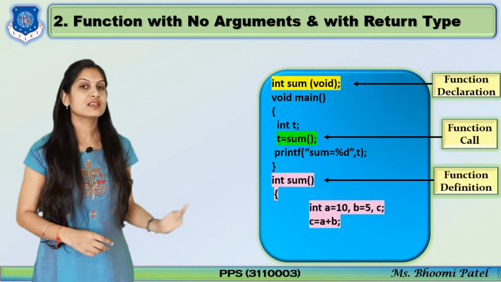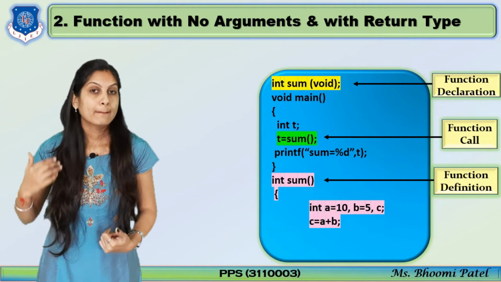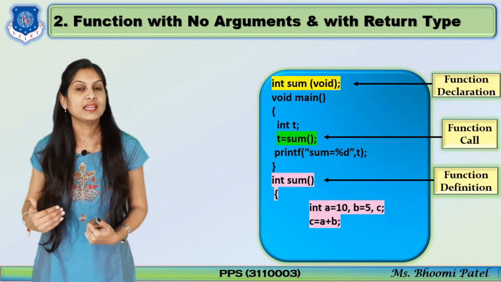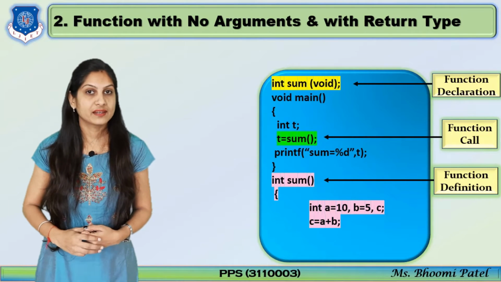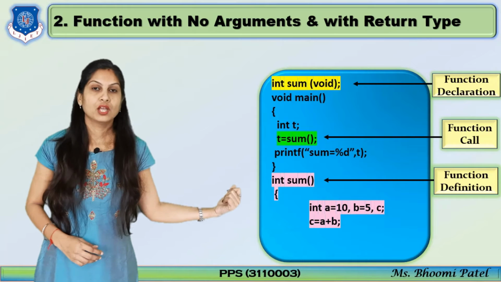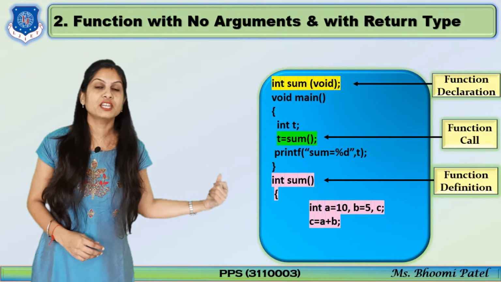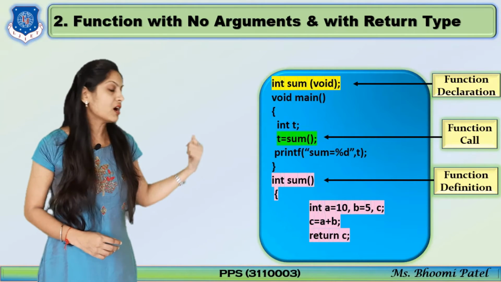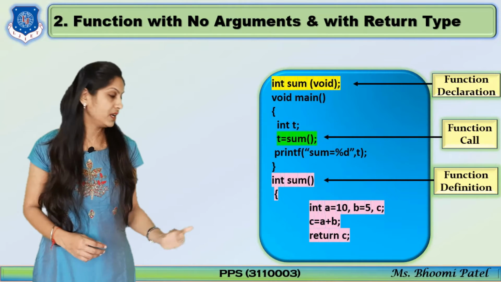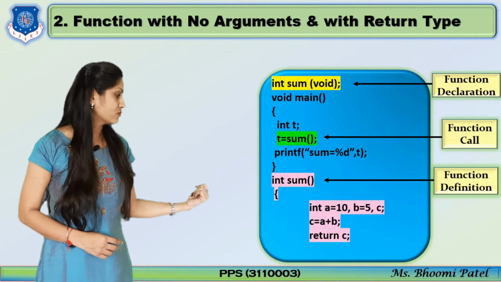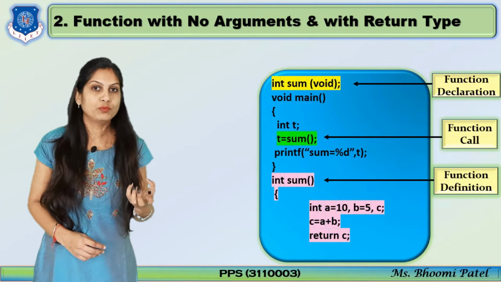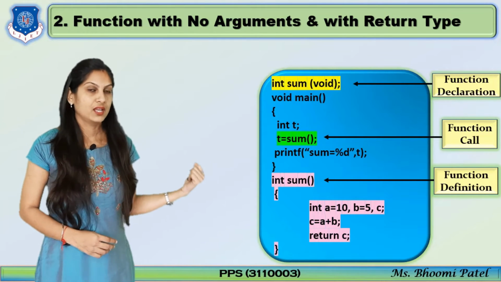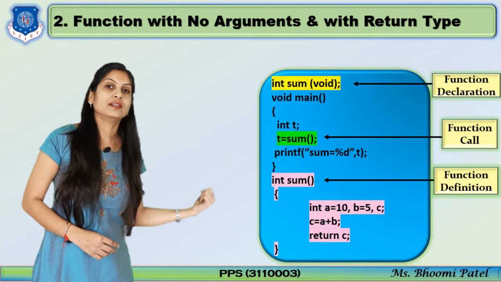So the formula is c = a + b, but now the category is with return, meaning we have to compulsorily write the return statement. So instead of printf in the first category, in the second category we change it to the return statement. We write return, and the value you want to return, that is our output, stored in c. So we just write return c.